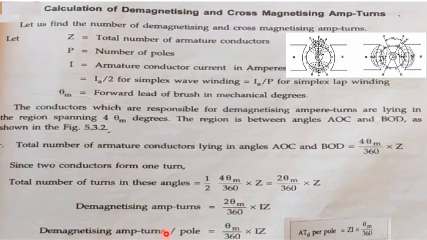Now for demagnetizing ampere turns per pole, every pole has only one demagnetizing region, so I can represent it as theta m divided by 360 into Iz. So the demagnetizing ampere turns per pole is given as Iz theta m divided by 360 degrees.